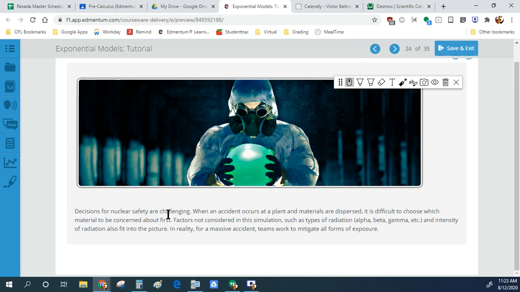What it's talking about here is nuclear safety. Knowing the half-life of how long these chemicals are active is part of the reason why we do so many safety things on nuclear power plants. The decisions they're saying here are challenging just because it takes so long for these chemicals to go away.